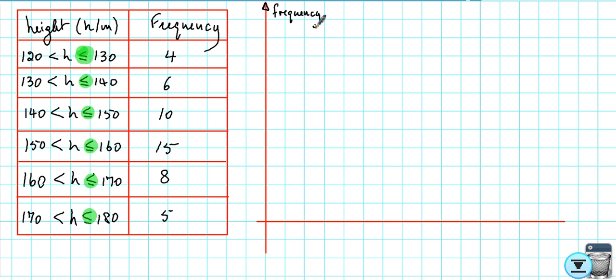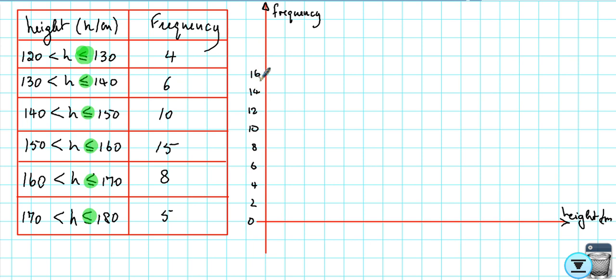This time on the x-axis I'm going to have height in centimeters. So now frequency ranges from 0 to 15. So 0, 2, 4, 6, 8, 10, 12, 14, and 16.